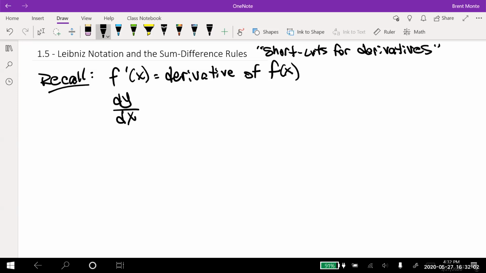It's often said as the derivative of y with respect to x, but this is also the derivative. And we would usually write that as the derivative of y, but remember y and f of x are the same thing. Now, one reason we need to see this is that we'll see it periodically where they use that notation, often prime notation.